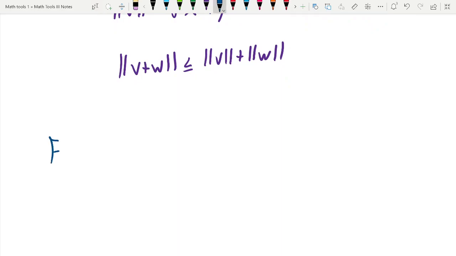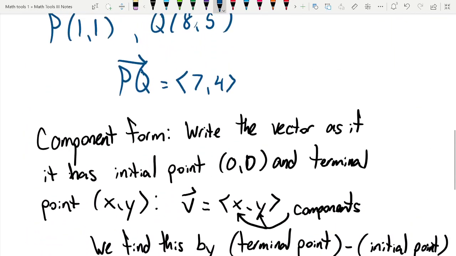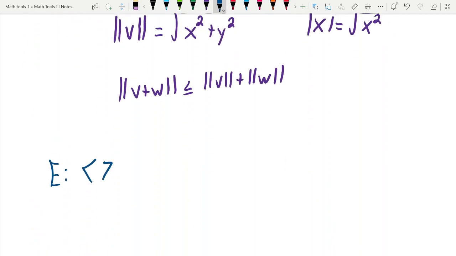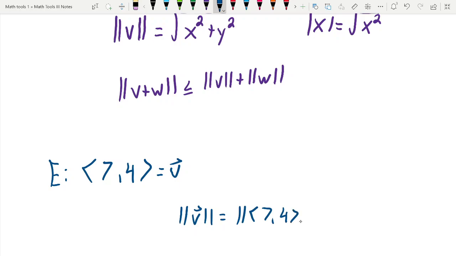Okay. So for example, if we look at the one we just had, 7, 4. Let's say this is equal to v. Then the magnitude of v, or if you don't give it a name, maybe you just write it like this. That's fine too.